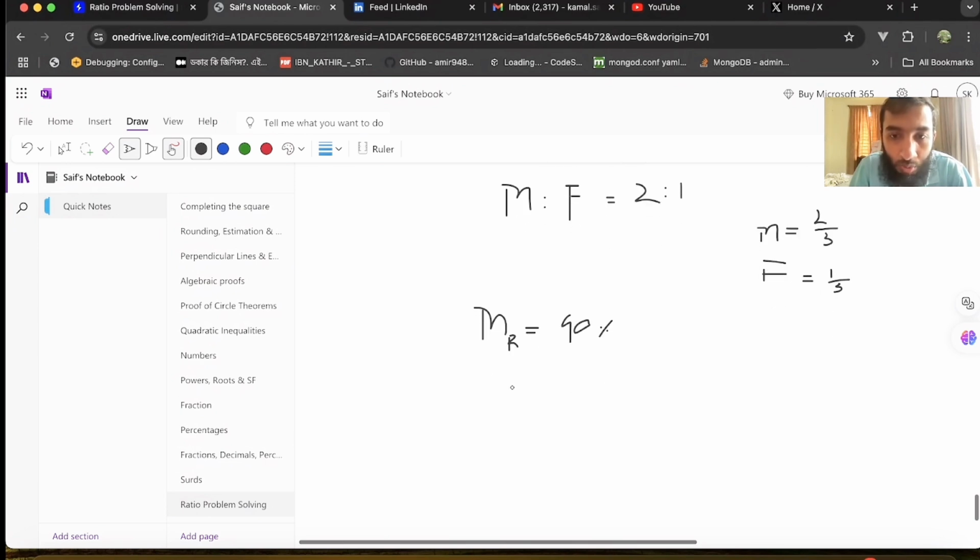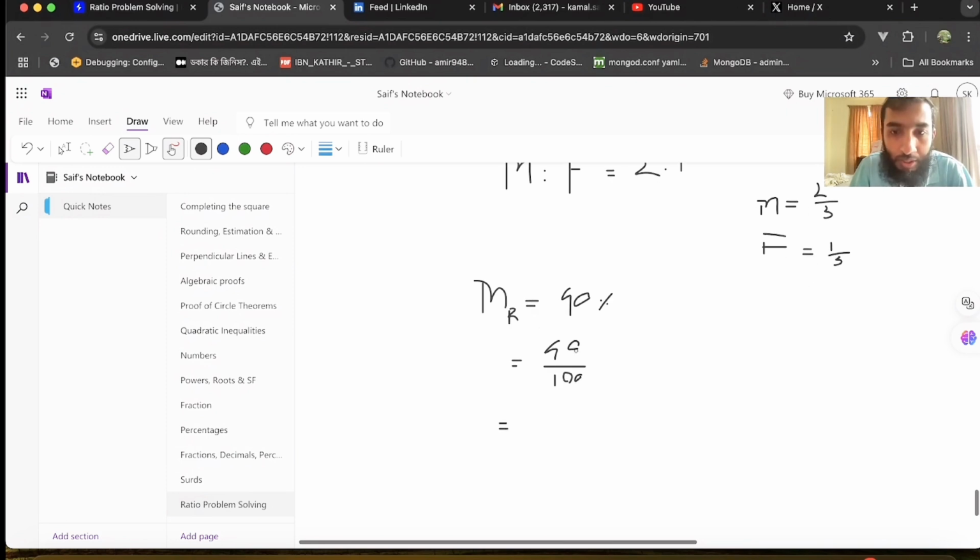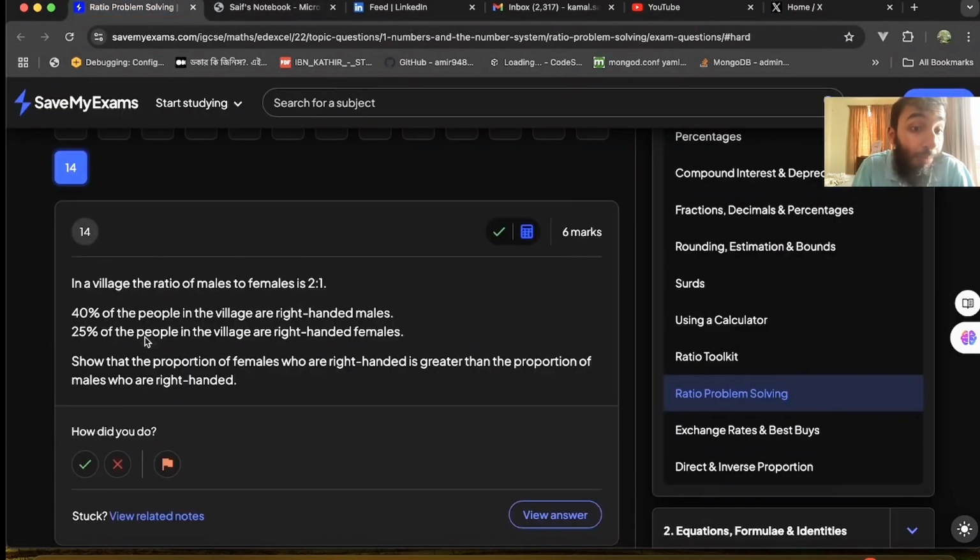So if I turn it into ratio, it would be like what? 40, first I divide by 100. So we get what? 40 divided by 100 is what? 4 by 10. So it can also be shortened as 2 by 5. So we can write 2/5 of the entire population are right-handed males.